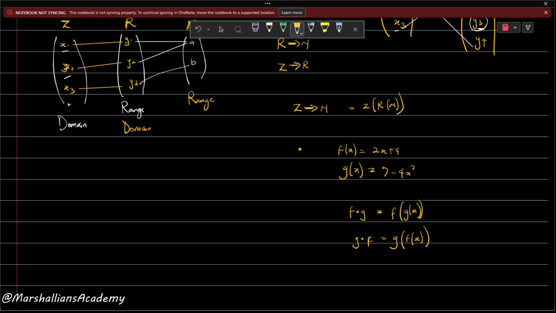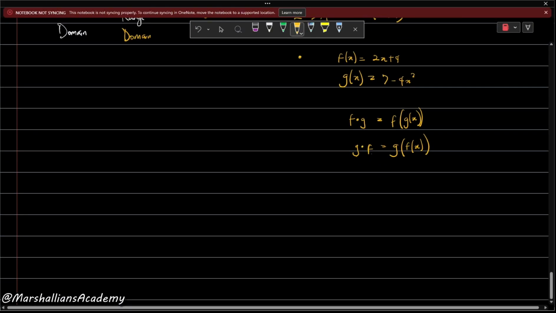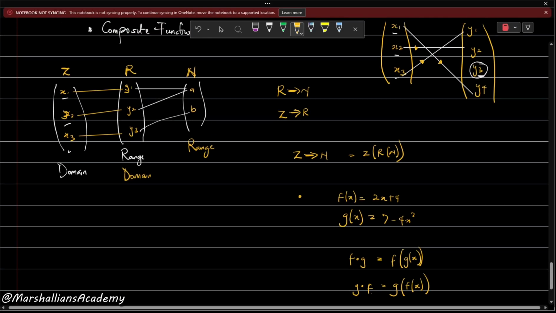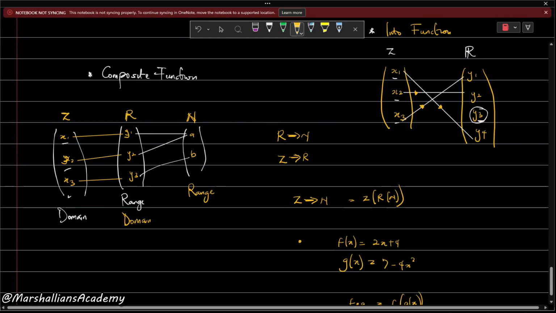Let's see if we could solve some questions on functions real quick.